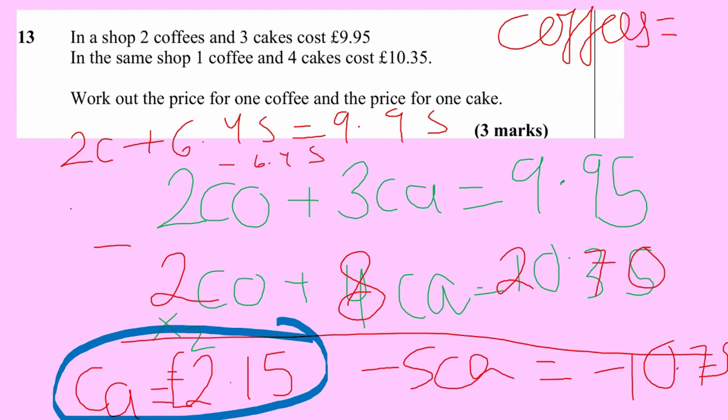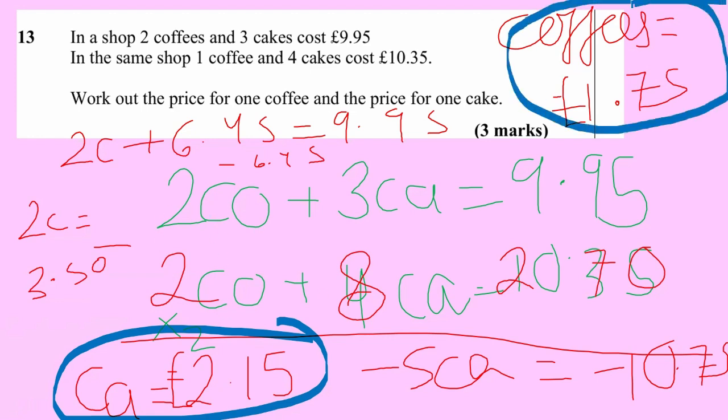Very simple. To get 2C equals 9.95 minus 6.45 is £3.50. And then I'm just going to divide this by 2 to just get C, which is going to be £1.75. So as you can see, if you practice this and just make sure you get the values to the same. As you can see, I got the coffees to the same value, so then I can eliminate it and find one variable, then it's pretty easy.